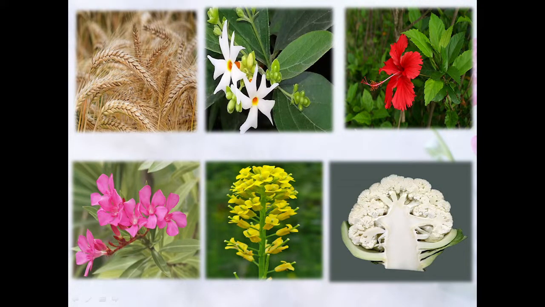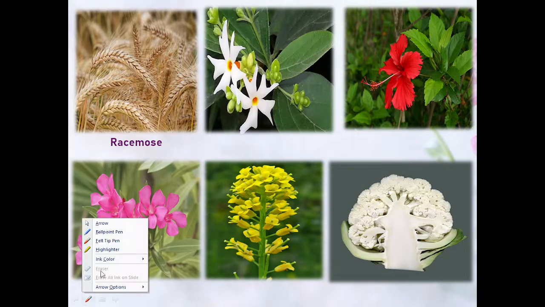How can you understand? Let's see what the answer is. Oh, it's racemose. How is it? Why? How? Before why comes how. It's the question: how will we come to this answer?